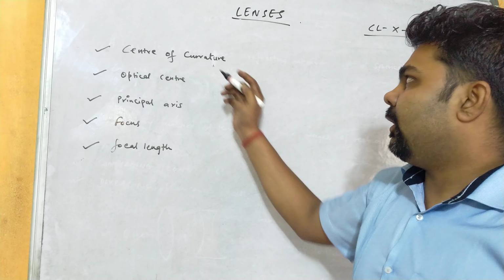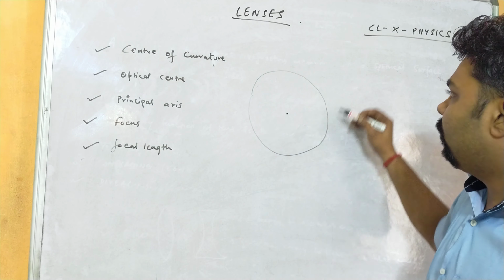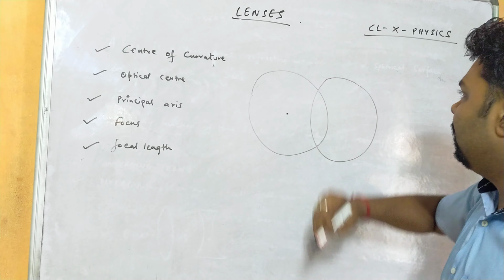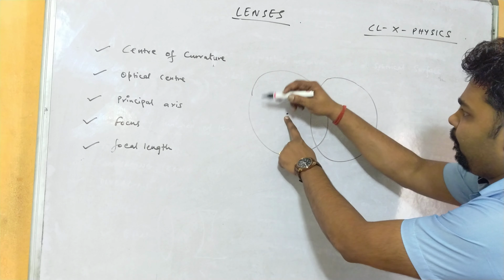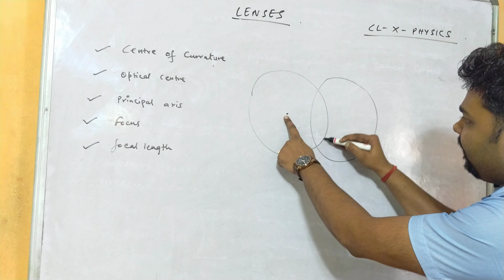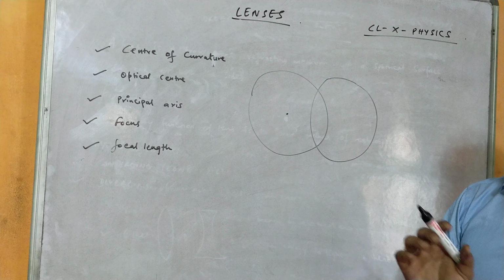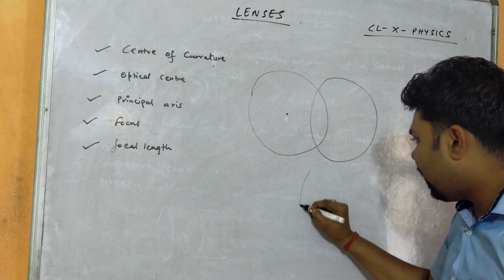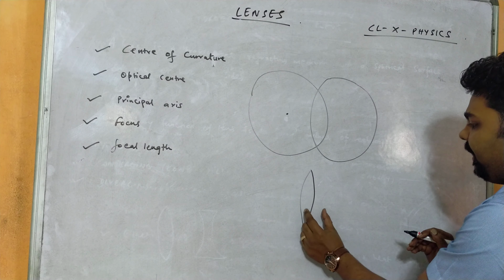So what is the center of curvature? It is the center of the sphere. If I consider this is the sphere, two spheres are taken side by side, and this is the center of a sphere of which the lens is a part. You see, a lens is formed by these two spherical glass, or refracting medium. So when I take this portion from these two surfaces, we will get this one, right?